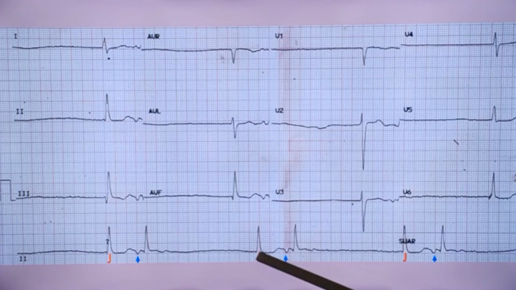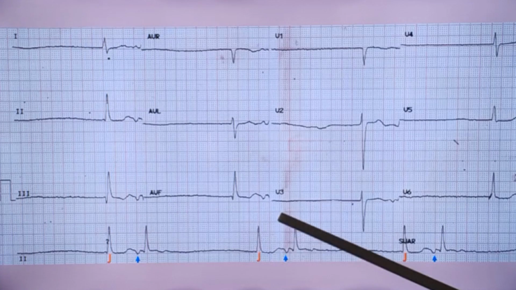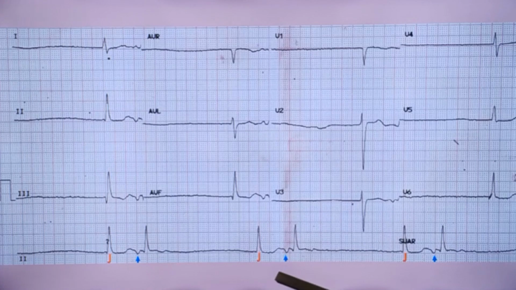This junctional beat travels up along the AV node into the atrium and produces a retrograde activation of the atria, which causes a negative P wave in inferior leads.